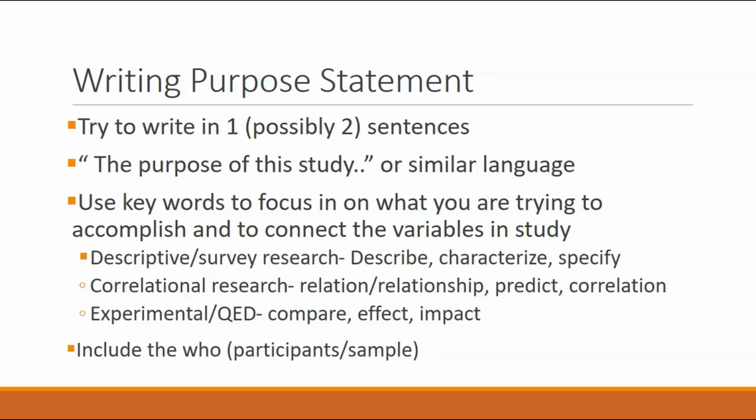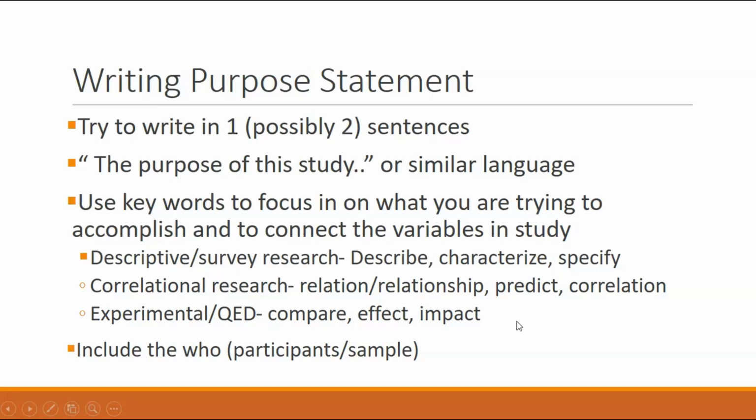So when I write a purpose statement, again, I'm going to write one, maybe two sentences, and generally it's going to say the purpose of this study is to, and then we're going to focus on using keywords to help the reader understand what we're trying to do. And so we'll get further into the different types of research in the class, but essentially there's descriptive research, which is really trying to describe or characterize.